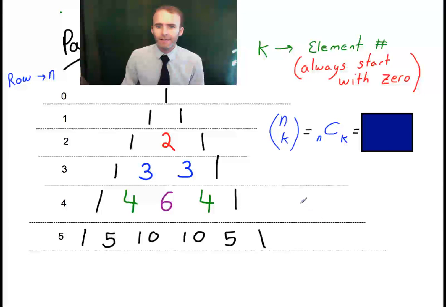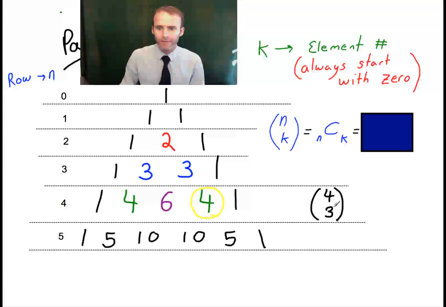So let's look at an example here. Let's say that we want to represent this 4 right here. Well, in this notation, we're going to say, what's the row number? The row number is 0, 1, 2, 3, 4. So the row number is 4. And the element number, well, remember we start off with 0, 1, 2, 3.